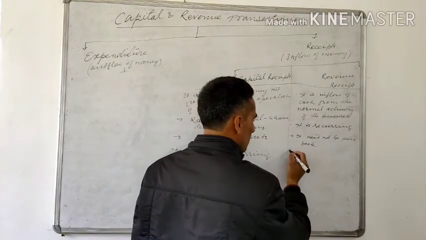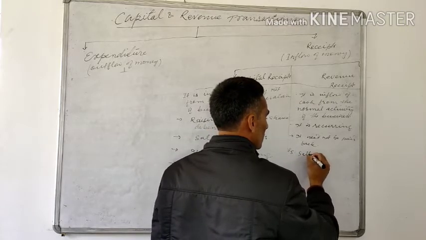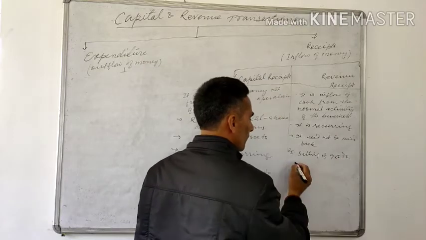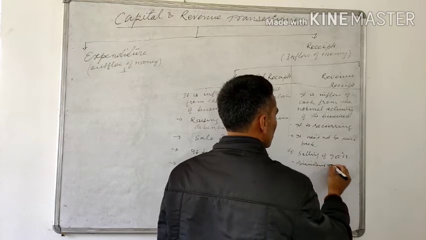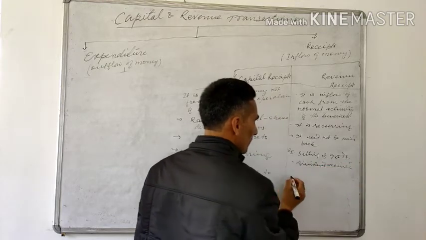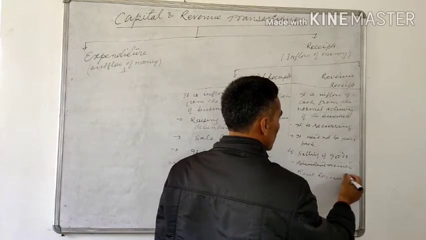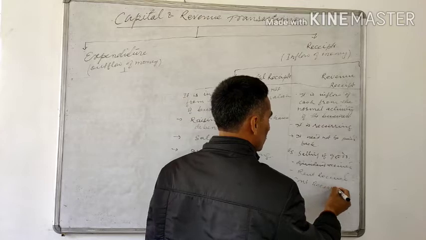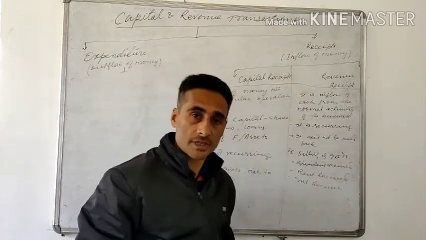What are the examples here? Selling of goods, dividend received, rent received, interest received. All these are termed as revenue receipts.